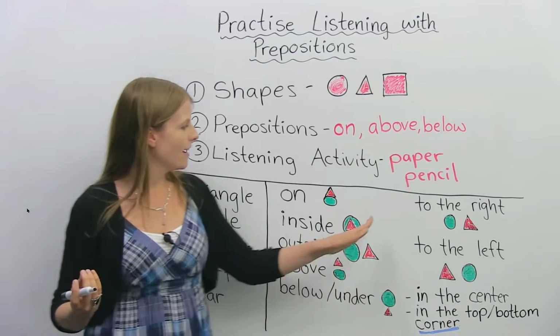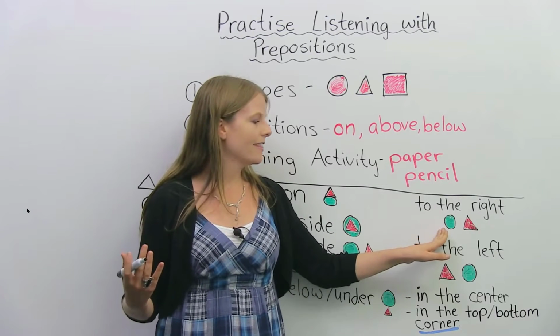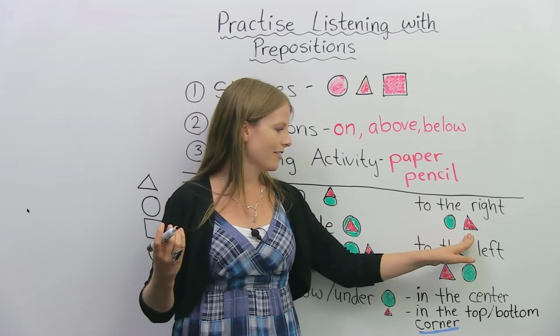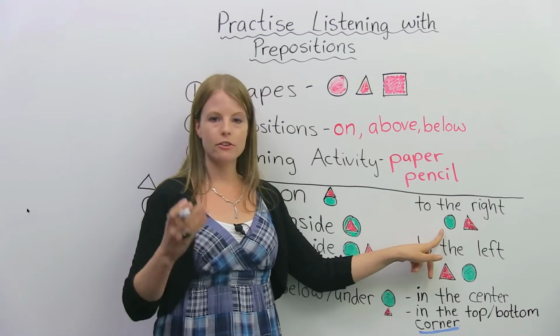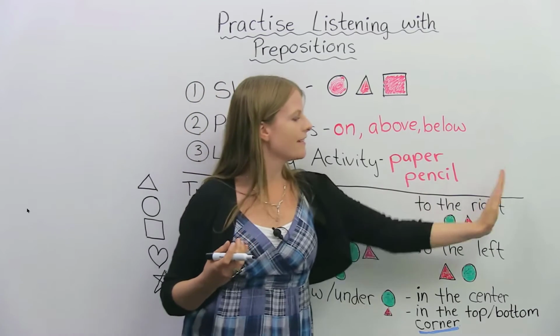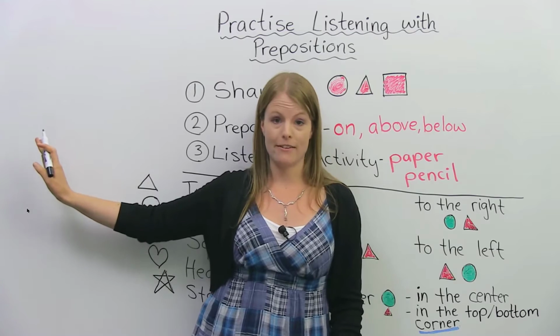Okay, and now we have to the right. We can say there is a triangle to the right of the circle. Notice how they're beside each other. This side is to the right, whereas this side is to the left.